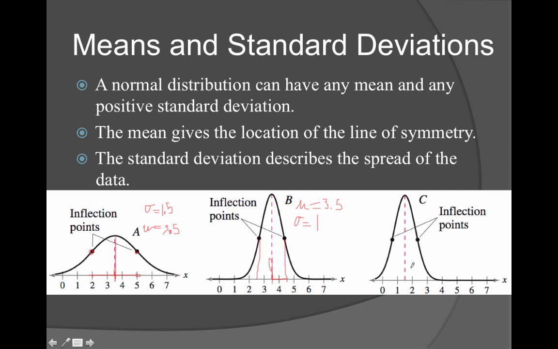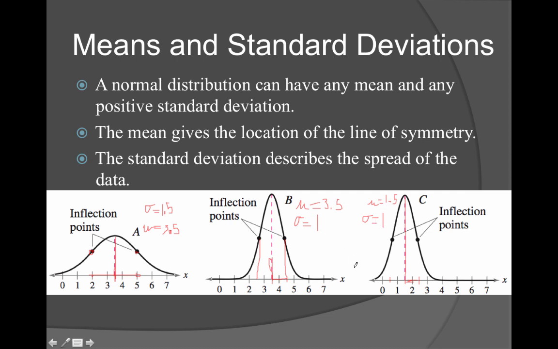Let's look at graph C. Where is our line of symmetry? It's right here at 1.5. So for graph C, mu is going to be 1.5. What about sigma now? My points of inflection are again about one place away, so here sigma is equal to 1.